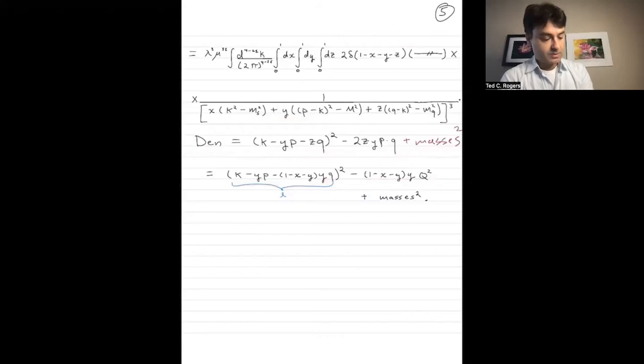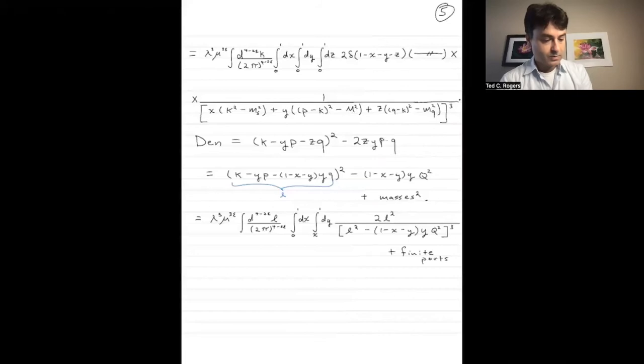And what's great about that is I can now just take this momentum in here and rename it some other form of momentum L. And then I can change variables for the integration. And then I get an integration just over this L squared in the denominator plus stuff that is just constant as far as I'm concerned. So in other words, something like this.